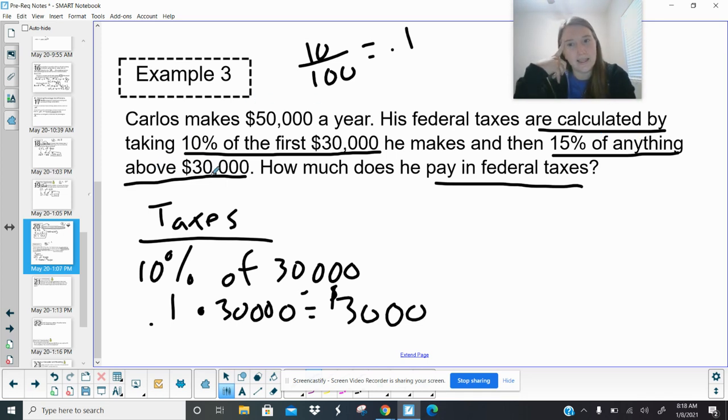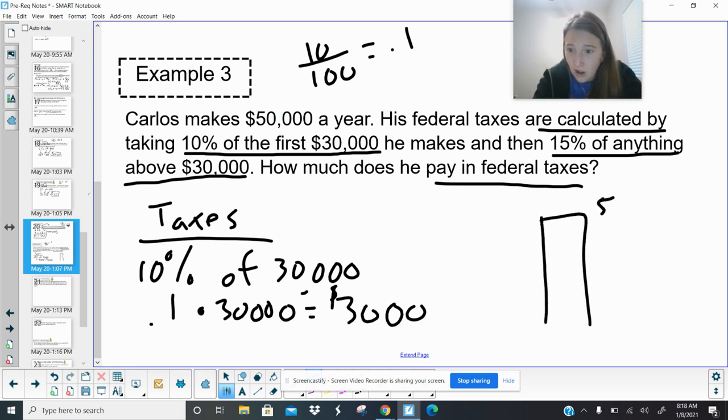We need to think about what this means. It does not say 15% of 30,000. It says 15% of anything above 30,000. So think this through. If he makes 50,000, how much does he make above 30? The difference, right? 20,000. If I can draw a little bar here, here's all of his money, and here's 30,000.